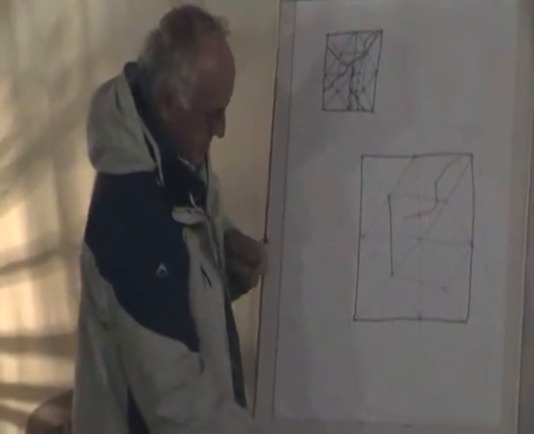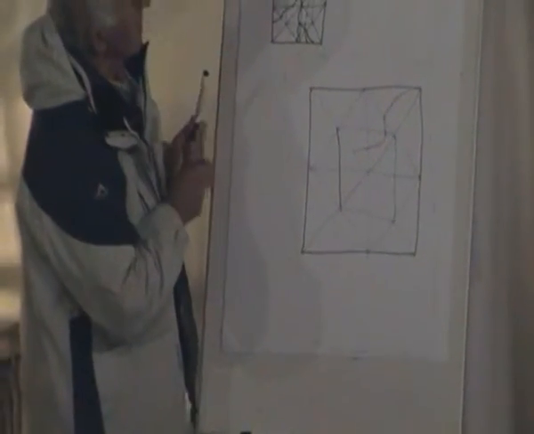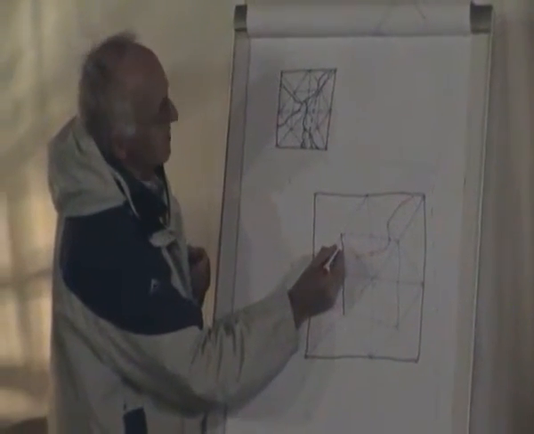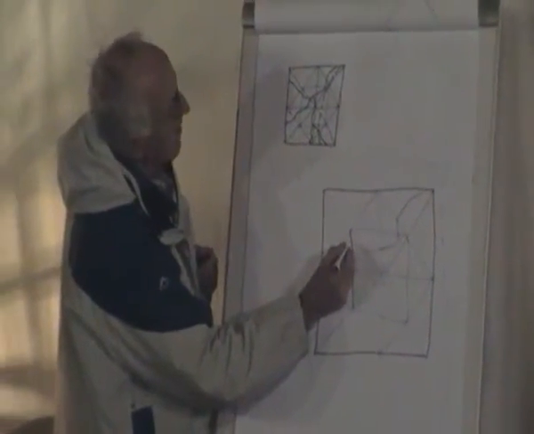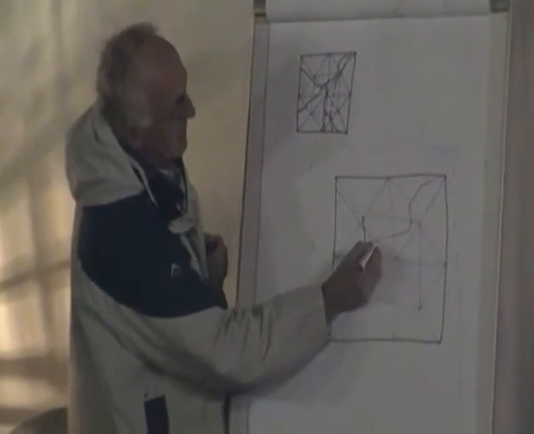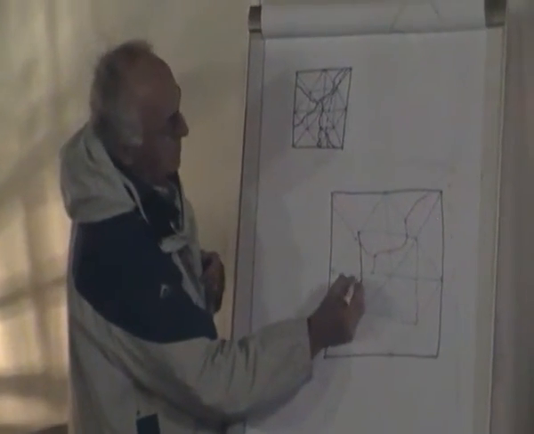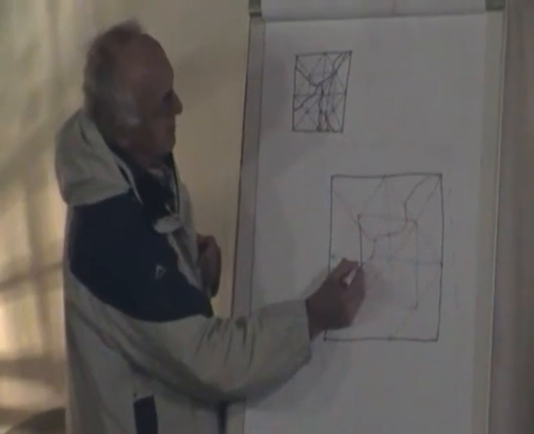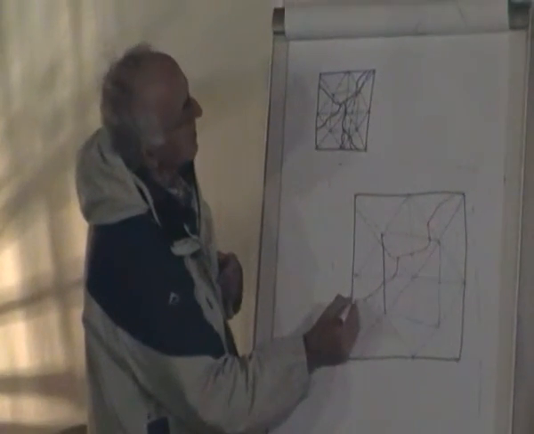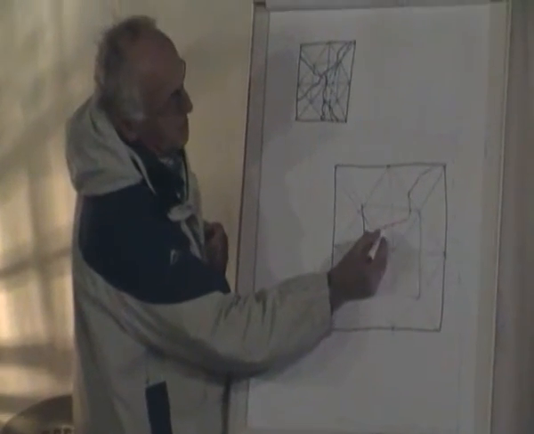Sorry, wrong color. Like that. So I've got an intersection point here and there. From here to there, to there, to here, like this, and here in the middle goes through here.